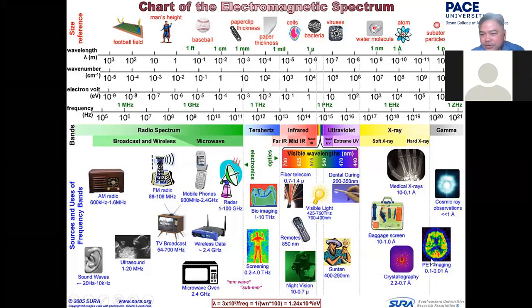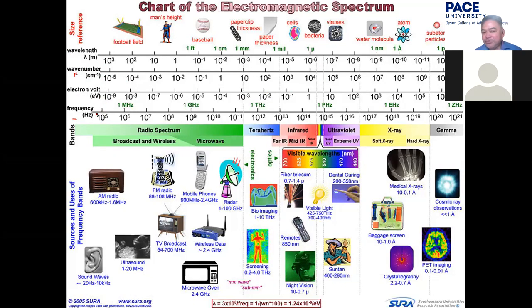As I've told you, the way that we look at electromagnetic radiation is in terms of wavelength, from the longest to the shortest, and the corresponding wave number, but we're not going to look at the wave number, we look at the frequency. As you can see, the longest wavelength has the lowest frequency, and in terms of energy, it also has the lowest energy.